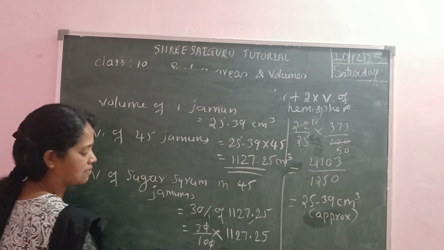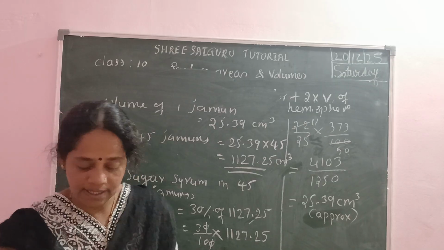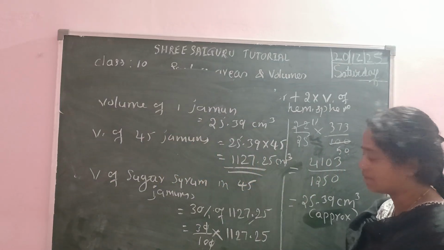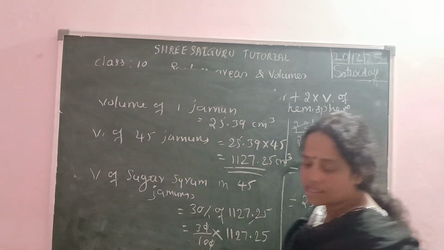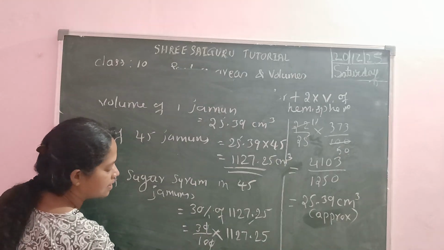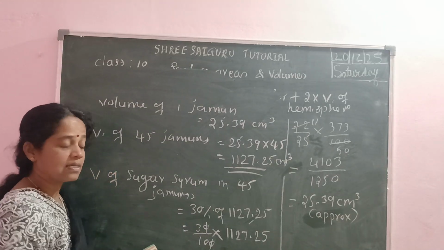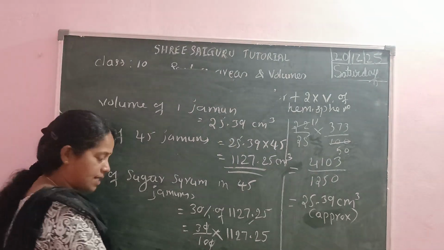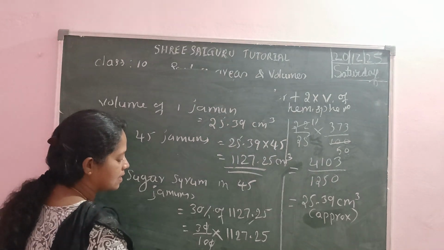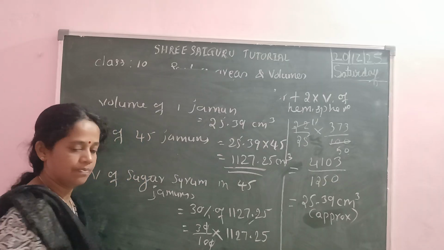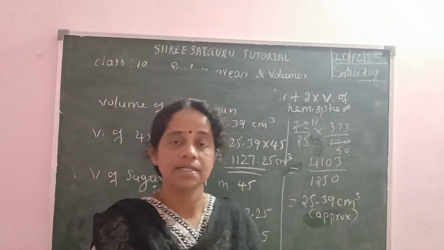Approximate value. Because multiplication takes a long time, on calculating this we are getting the value 338.1 centimeter cube. It is given in terms of centimeter cube.